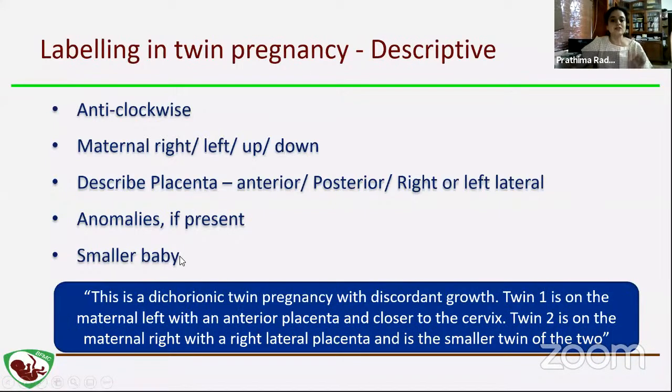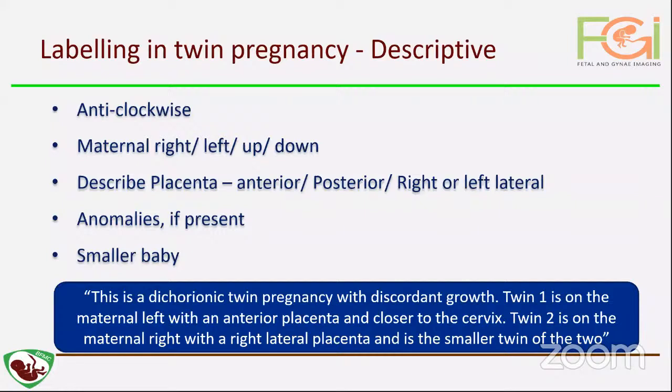So basically, the report has to be descriptive, and this is what I tend to use. This is a dichorionic twin pregnancy with discordant growth or discordant anomaly or concordant growth, concordant anomaly. You can say whatever you like. What is the situation? Twin 1 is on the maternal left with an anterior placenta and closer to the cervix.